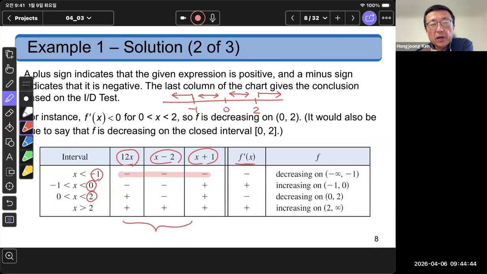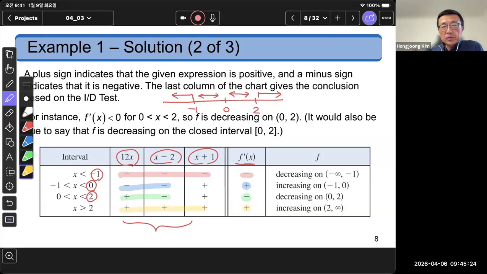So minus times minus will be plus, but if you multiply one more minus, you get minus. If you multiply minus, that is plus, and then if you multiply plus, the product will be plus. If you multiply plus with minus, that will be minus. And then if you multiply plus, you get minus. And then if you multiply plus, the product is plus.